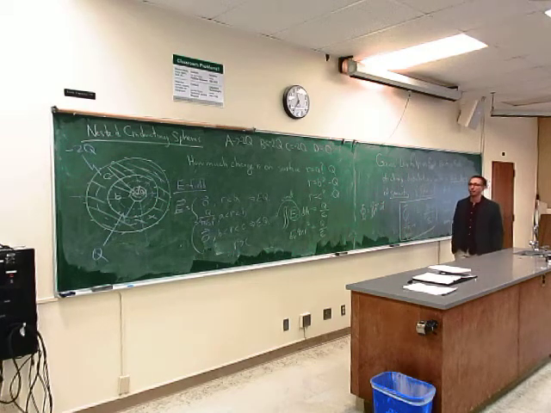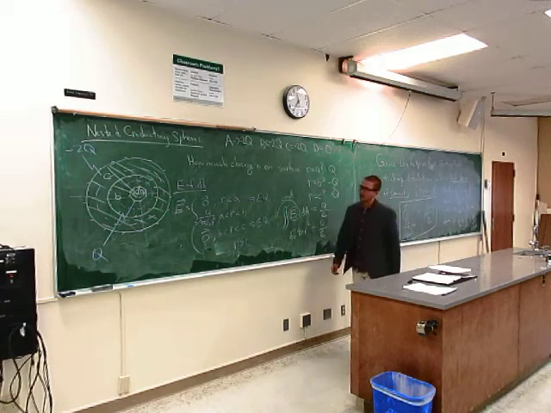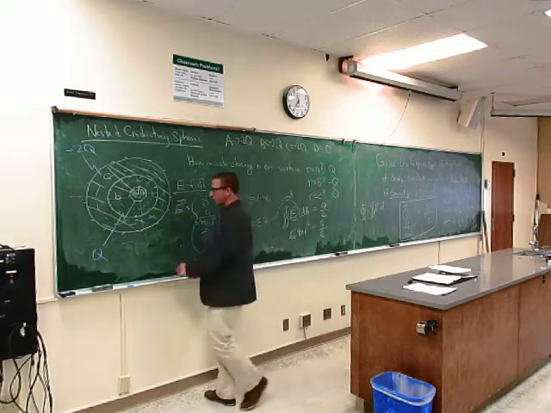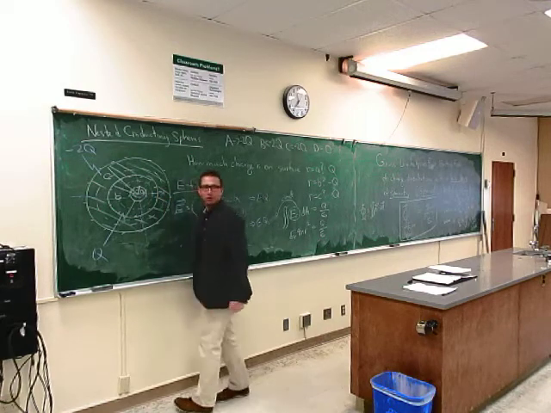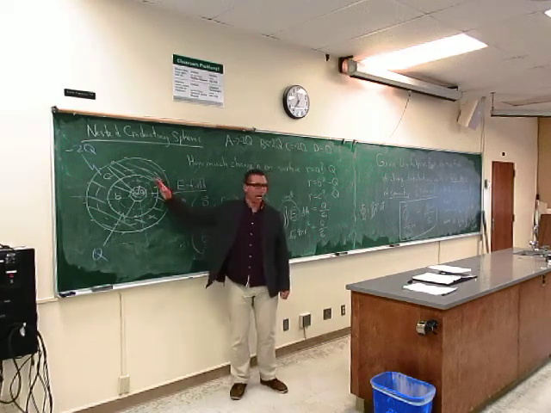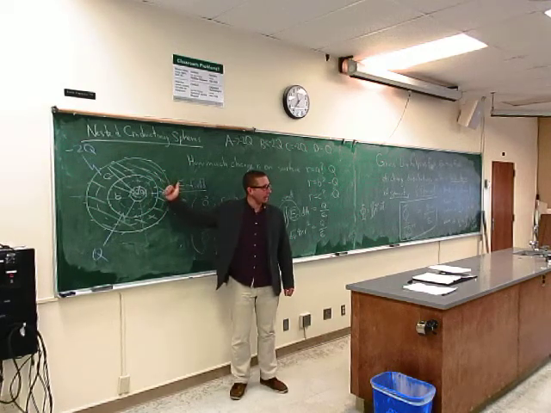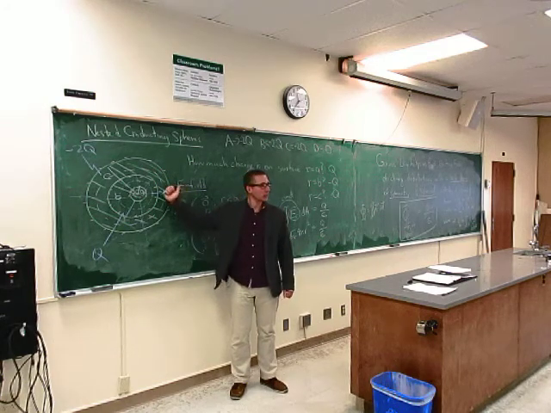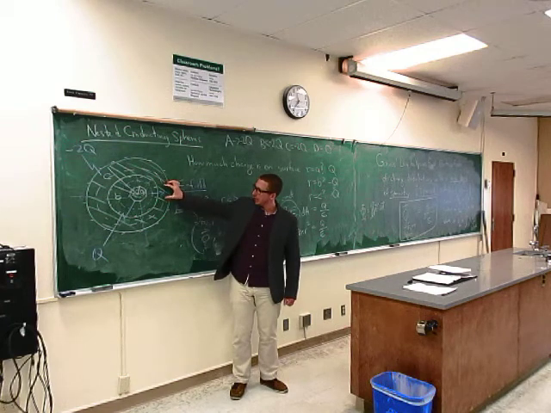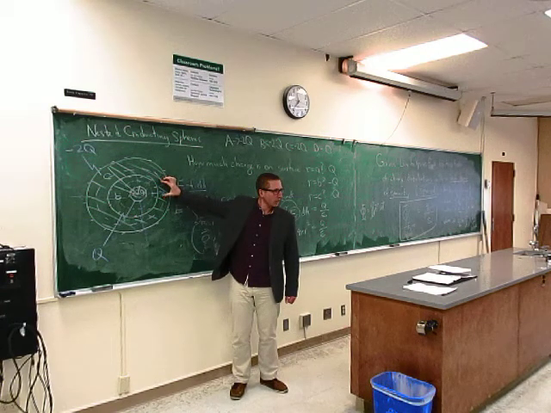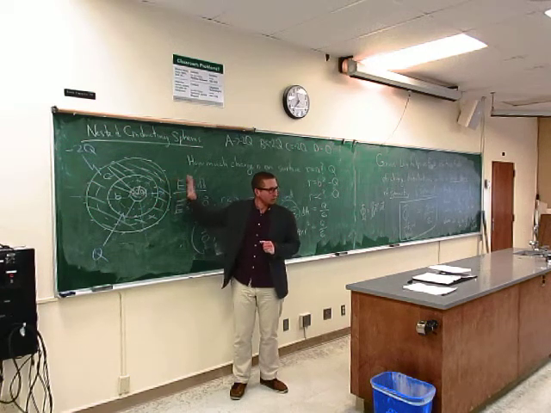You're absolutely right that if I was at this point right here, the electric field wants to point outwards, right? But this side of the shell wants to draw it that way, and this side also wants to draw it that way as well. There's only a small solid angle which tends to draw it to the right.